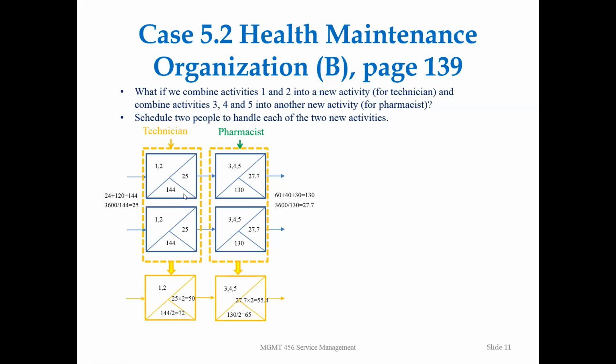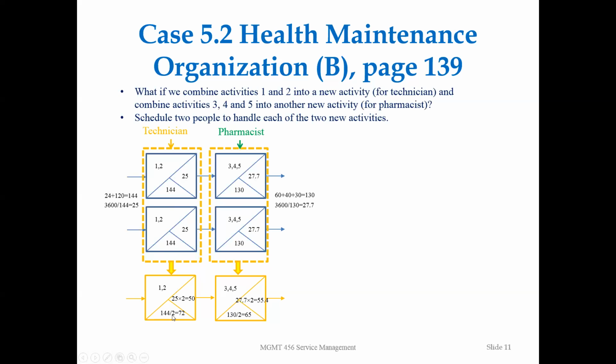We want to convert 2 rectangles into a single rectangle to make things a little more straightforward. By combining 2 rectangles into a single rectangle, we copy paste the activity numbers. Cycle time will be shorter, capacity will be larger. Because we are combining the work for 2 people, cycle time was 144.